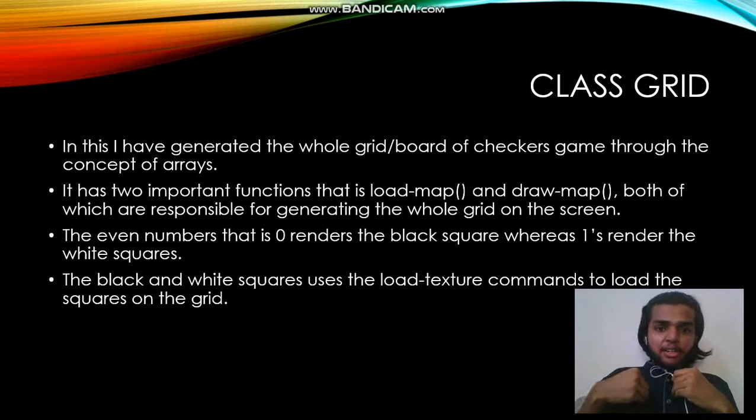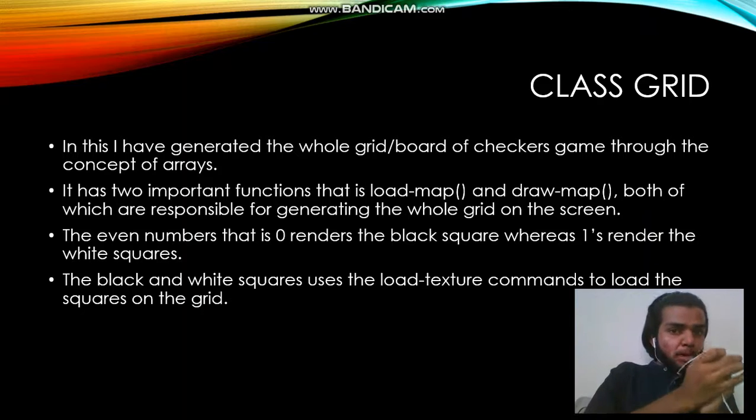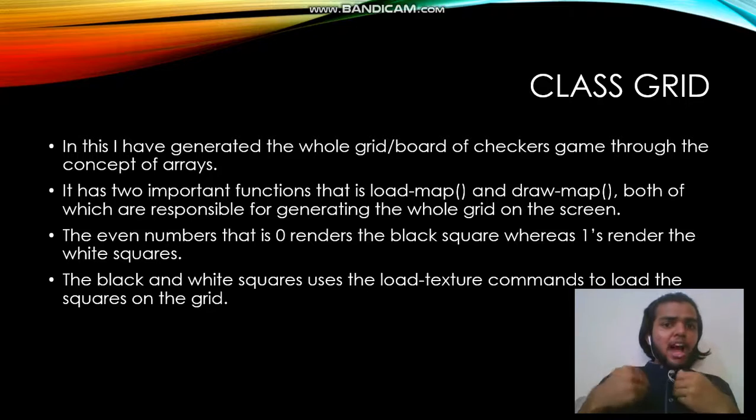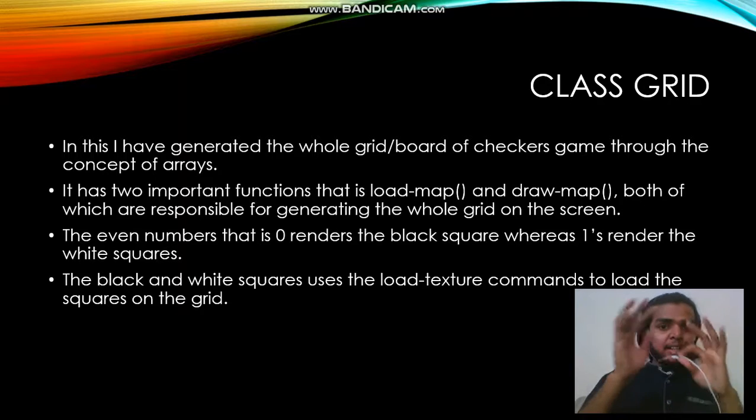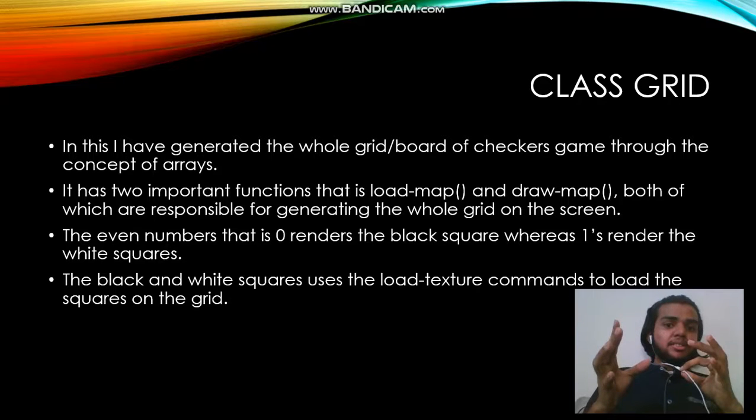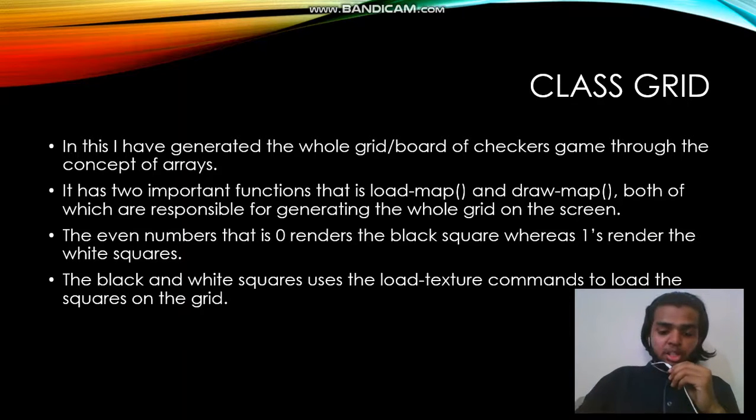I have inputted the numbers 0 1 0 1 0 1 and so on, and for every 0 I am displaying a black box and for every 1 I am displaying a white box. I could also have loaded a simple picture of the whole grid, but I wanted to make the grid look interesting, and that requires work to generate. The black and white squares use the load texture command to load the squares on the grid.